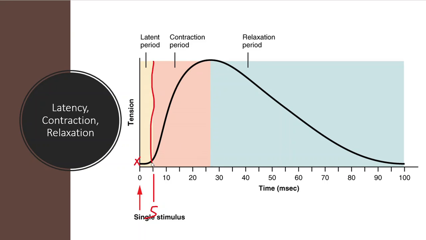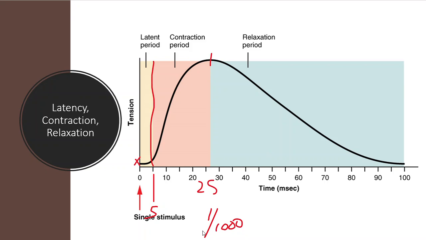Contraction period, you see, we start and we gradually build up until we get to the maximum that we're doing there. And this starts from like 5 to about 25, a little over 25 milliseconds. A millisecond is 1/1000th of a second, guys. No, it's not instantaneous.